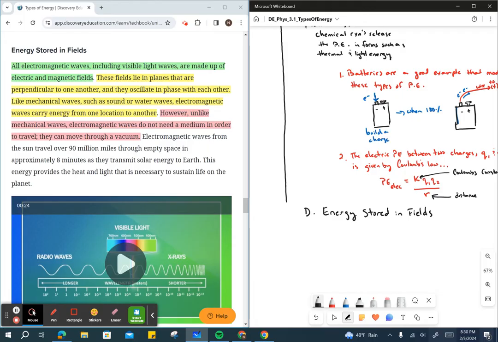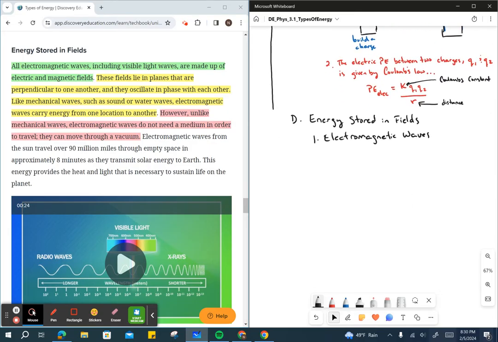Okay, so let's start with this. We'll say number one, electromagnetic waves. They have an electric component and a magnetic component, right? So we're going to draw this out something like this.